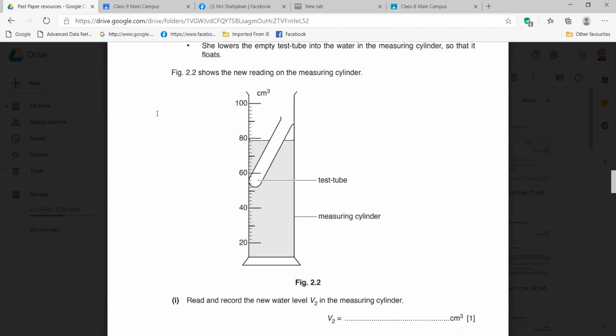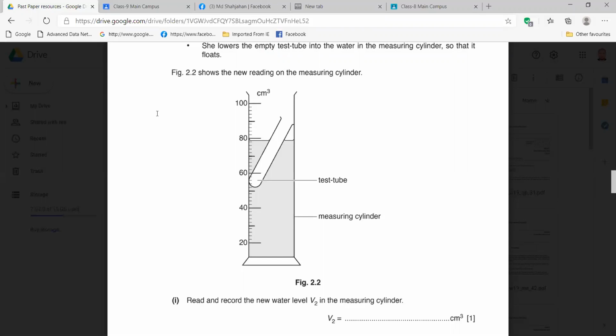Figure 2.2 shows the new reading on the measuring cylinder. We read and record the new water level V2 in the measuring cylinder. Can you please get the reading from the measuring cylinder? Sir, 79, sir.